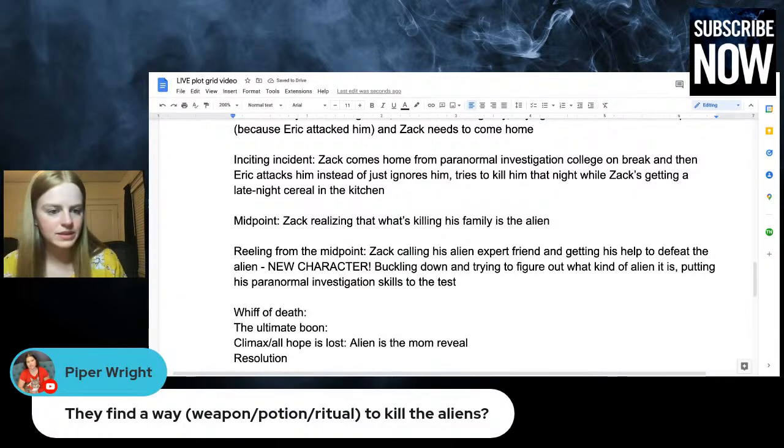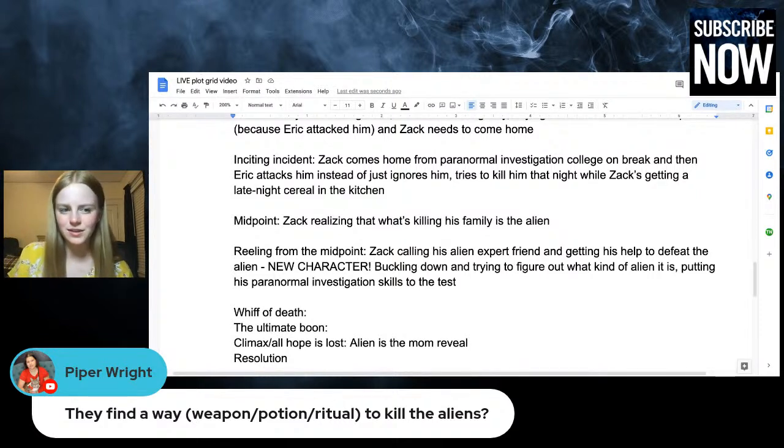Okay. Piper said they find a way, a weapon, a potion, a ritual to kill the aliens. Oh yeah, maybe they find a way, like a weapon, a potion, or a ritual to kill the aliens, and then it doesn't work, and that's the ultimate boon. And then they pivot and try something else, and then they find out that the alien is the mom, and then all hope is lost, and they still have to find a way to overcome it.